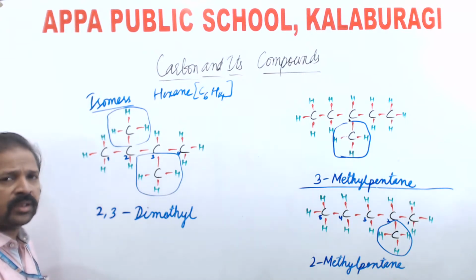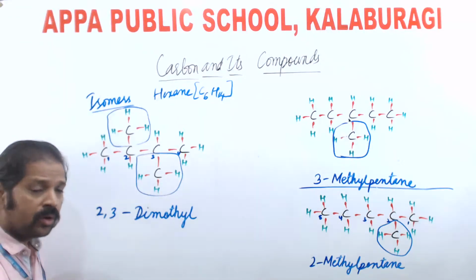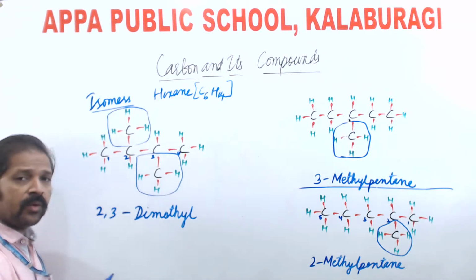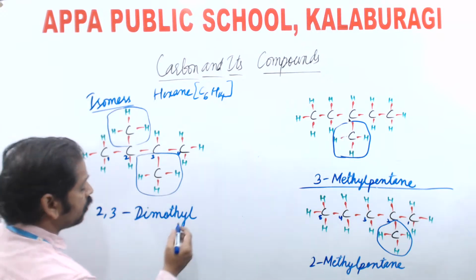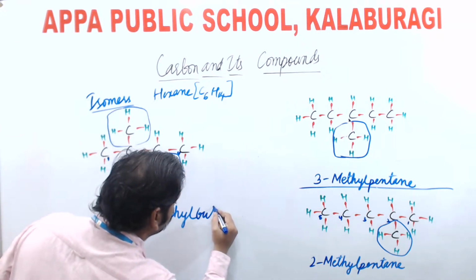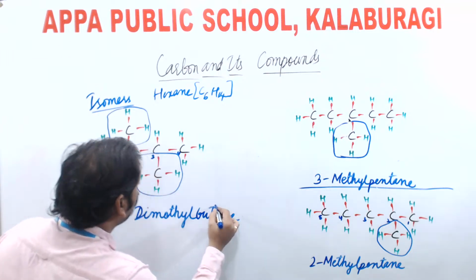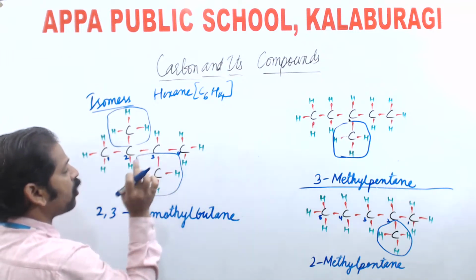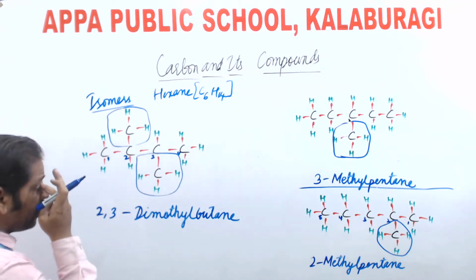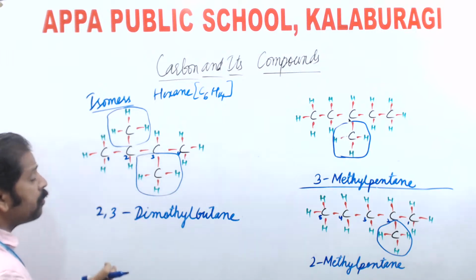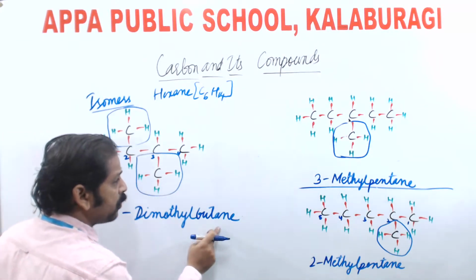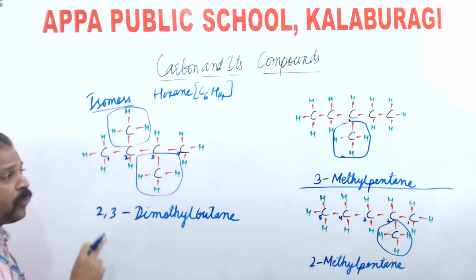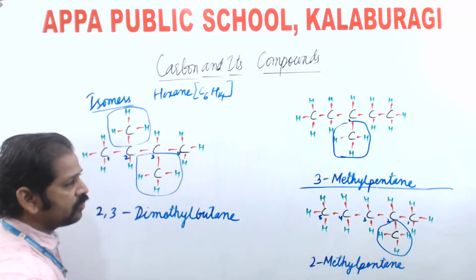The word root number of carbons is 4, so automatically it becomes butane, because all are single bonds. 2,3 dimethyl butane. It is the fourth structure.